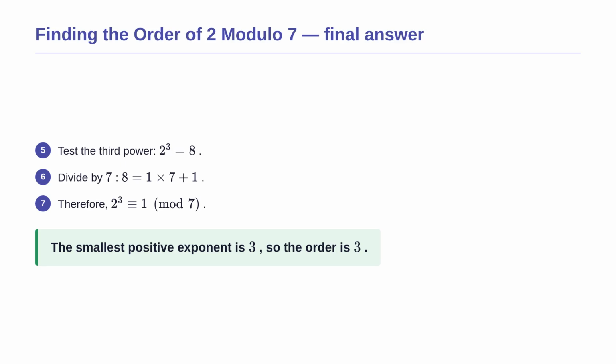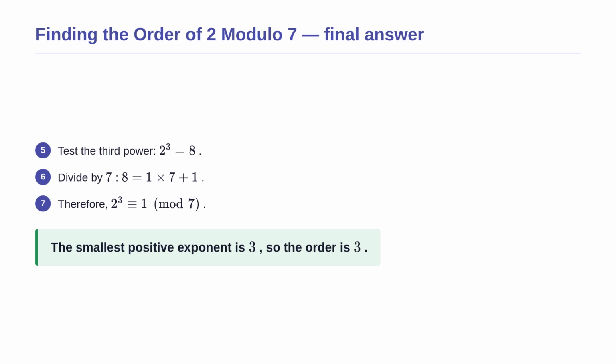Continuing with our calculation, let us test the next power in the sequence. 2 cubed is 8. When we divide 8 by 7, it goes in exactly 1 time with a remainder of 1. We have finally found our target. The modular equation is satisfied.